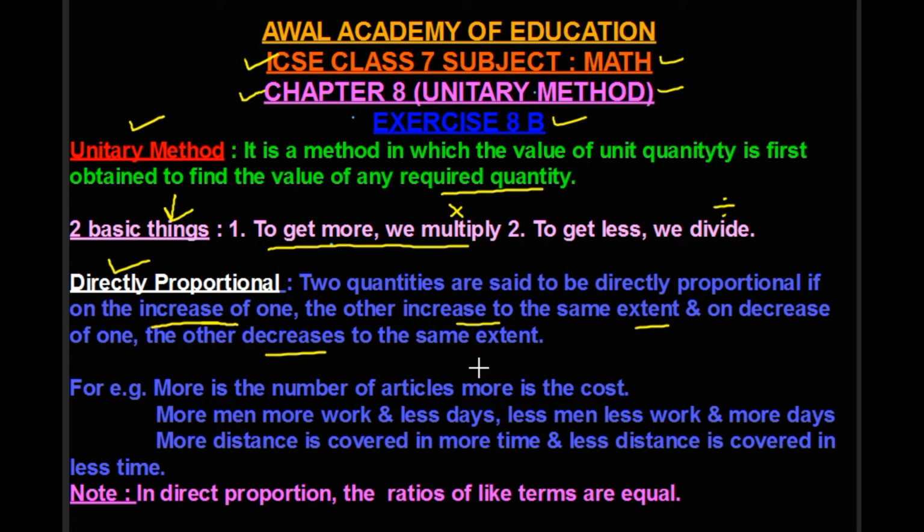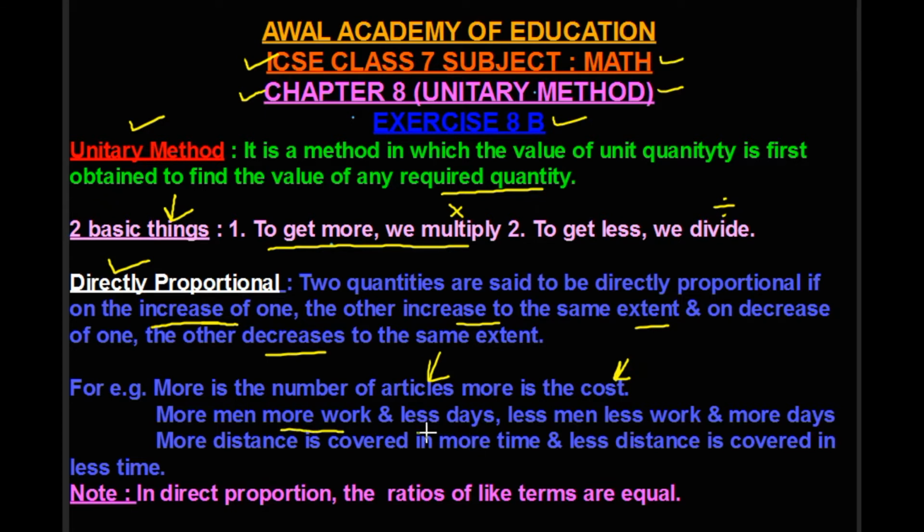If one is increased, the other will be increased. If one is decreased, the other would also be decreased. For example, if we buy some articles, then the more the number of articles, the more is the cost. If we buy more articles, we have to pay more cost, and if we buy fewer articles, we have to pay less cost. It is directly proportional.